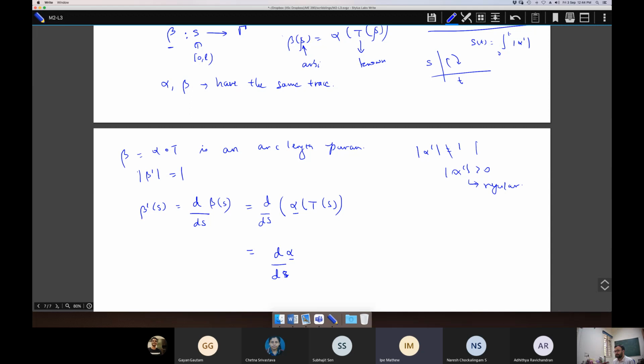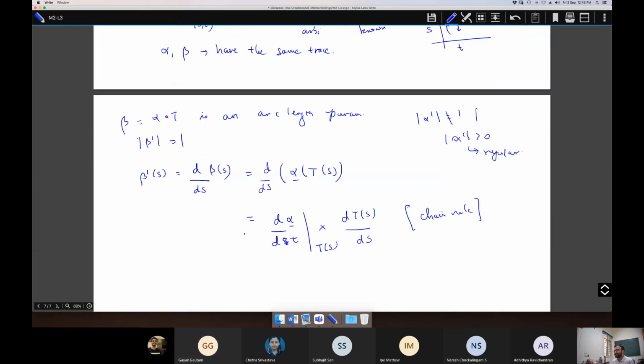T, sorry, T into. So you evaluate this at t of s multiplied by dt by ds. Okay. What is this rule called? Chain rule.